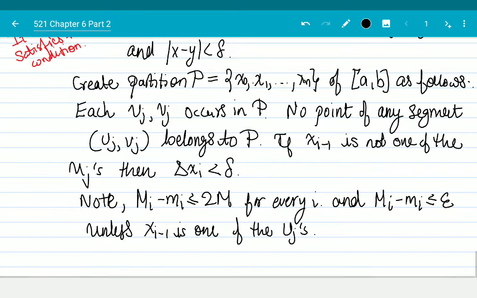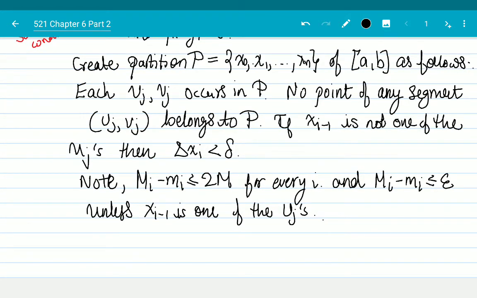Because if I'm in the compact set, and not looking at the interval Uj, Vj, then Mi minus mi is smaller than or equal to epsilon. If I am on the interval Uj, Vj, then the best I can say is capital Mi minus small mi is smaller than or equal to 2M, because all I can say is it's bounded.